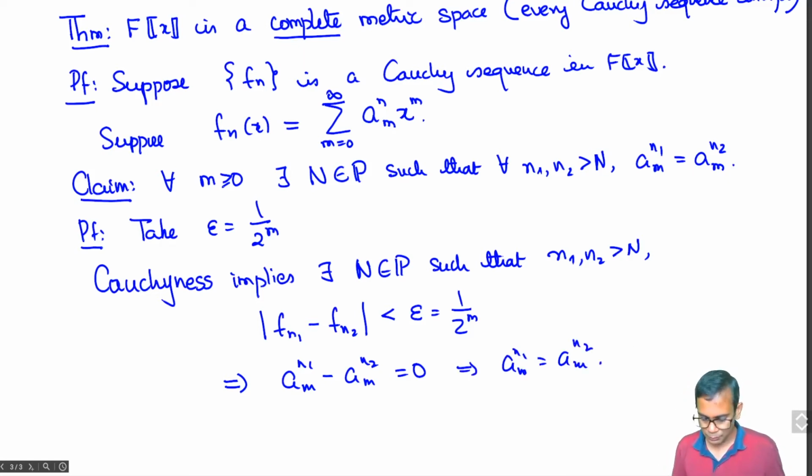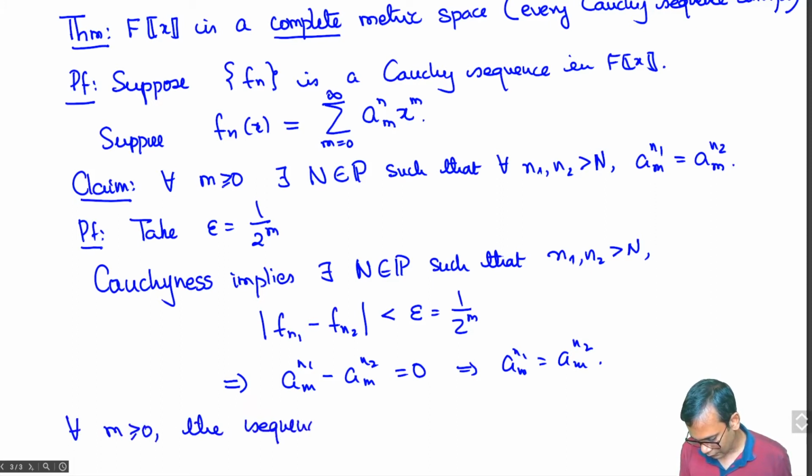Okay, so that proves this, and what we're saying is that for every m greater than or equal to 0, the sequence a_{n,m} is eventually constant.